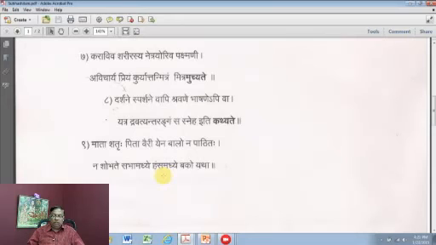Mata shatruhu, pita vairi, yena balo na patitaha. Patitaha is passive here, passive past tense. Yena, by which parent the boy is not educated.